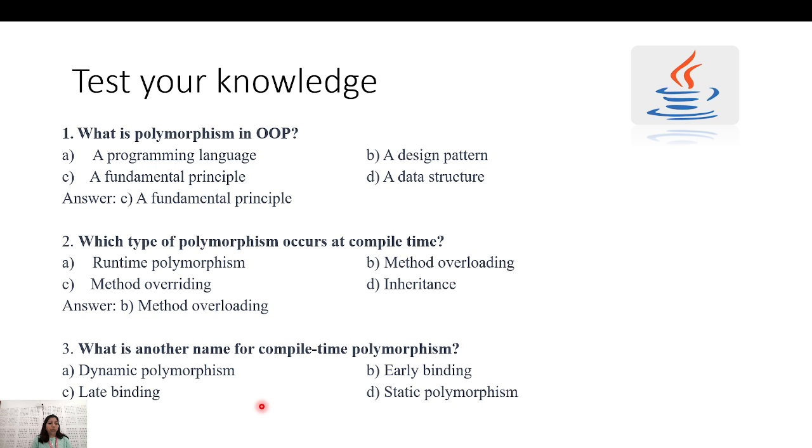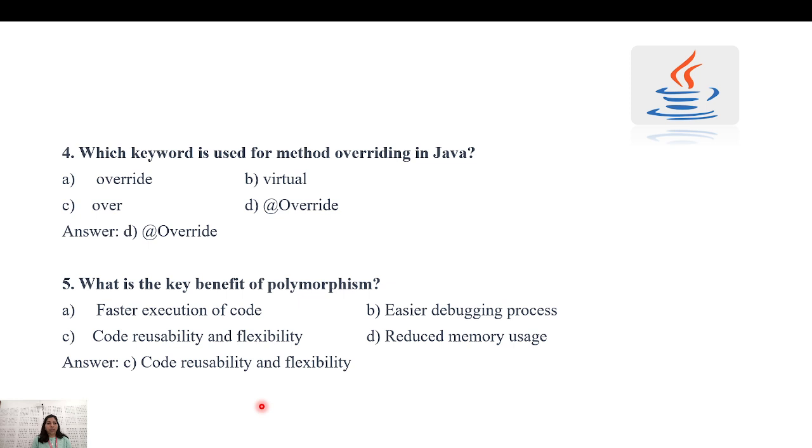The third one, what is another name for compile time polymorphism? Just now I have repeated that. Okay, what will be the answer? Yes, it is static polymorphism. Which keyword is used for method overriding in Java? Override, virtual, or override?